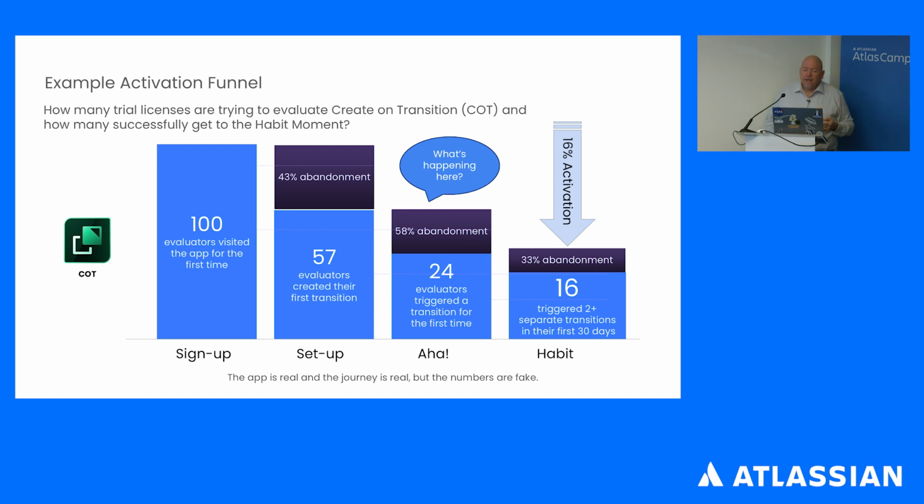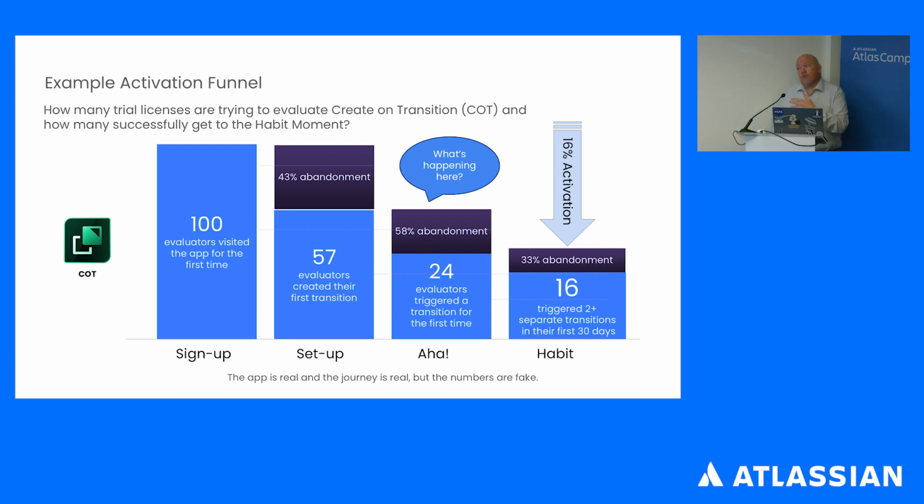That could be the case there. And then if only 16 out of that 100, or 16 out of the previous 24 in the aha moment, actually make it a habit, actually keep on triggering that workflow transition, we have 33% abandonment, which translates into 16% activation rate.